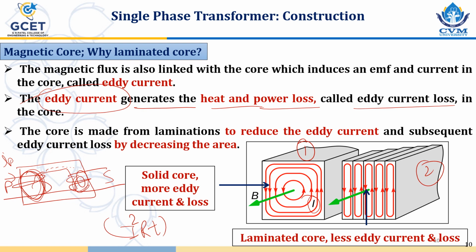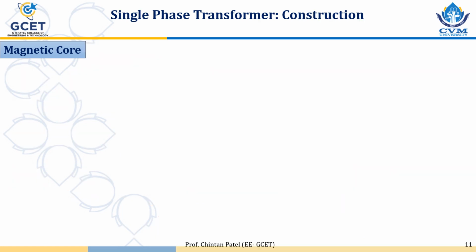Due to this small eddy current, the heat produced and power loss caused by the eddy current is very less. So to reduce the eddy current loss and to reduce the temperature rise, the core is always laminated.